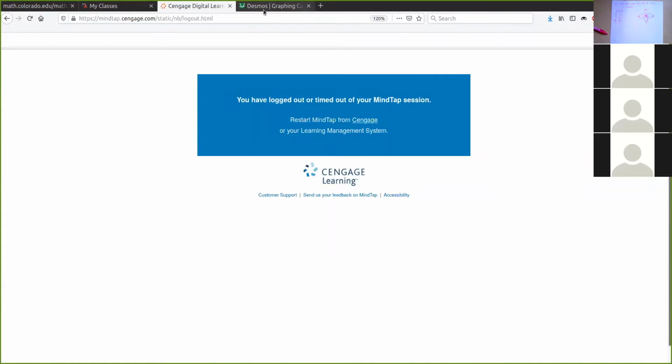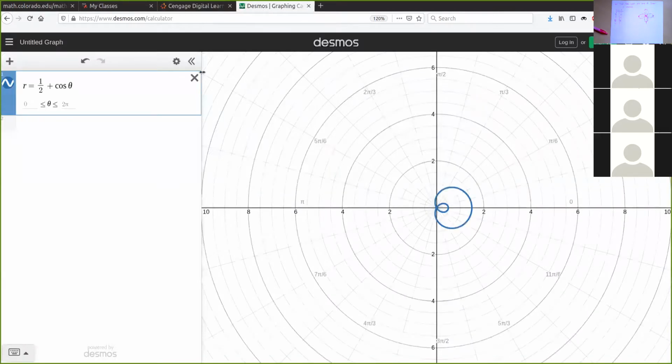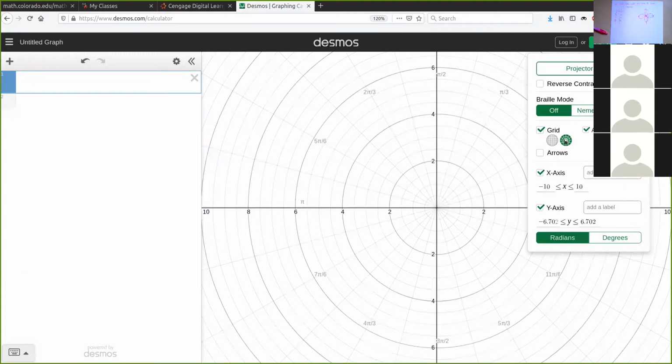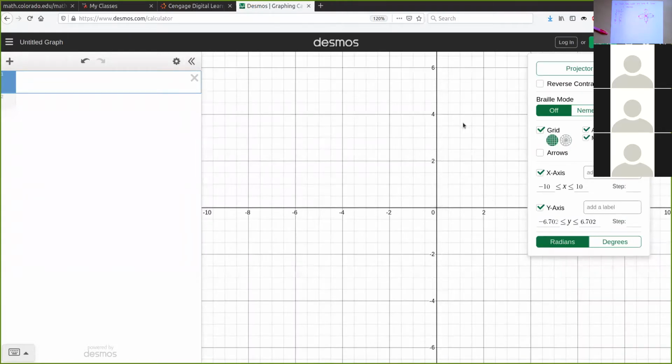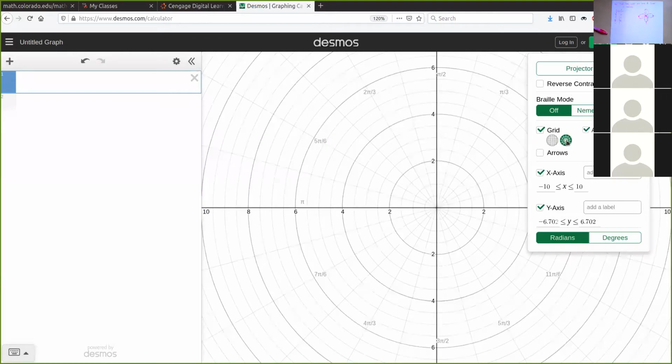Let me change my graph. So there was one graph. If you're using Desmos, I think it's over here on the right if you want to do polar coordinates. Let me move the zoom thing out of the way. You click on the little graph settings. And so typically we're in the rectilinear grid. And if you click on this guy, it gives you a polar grid.